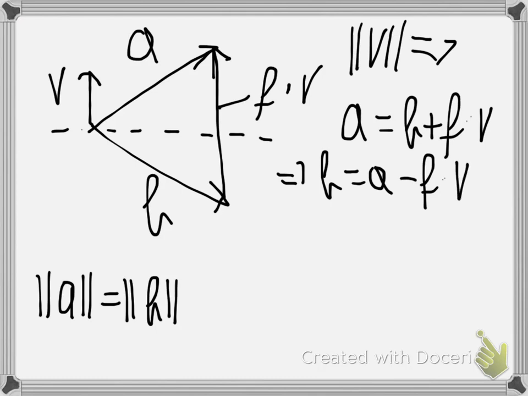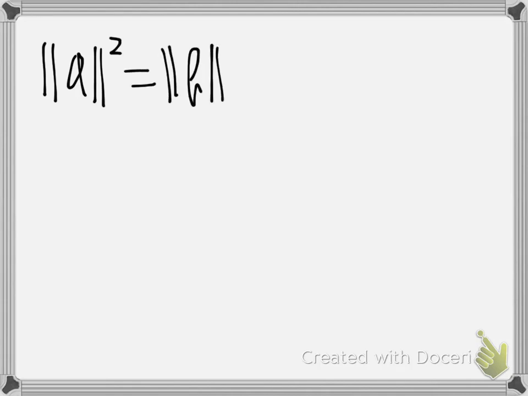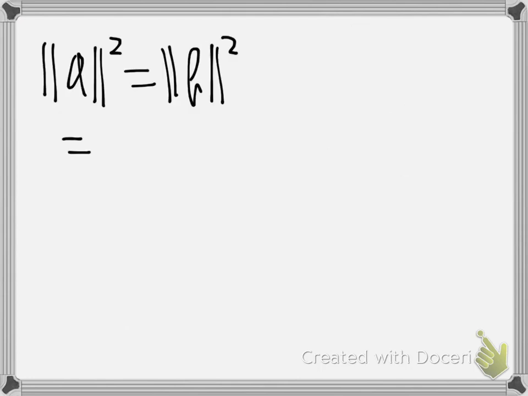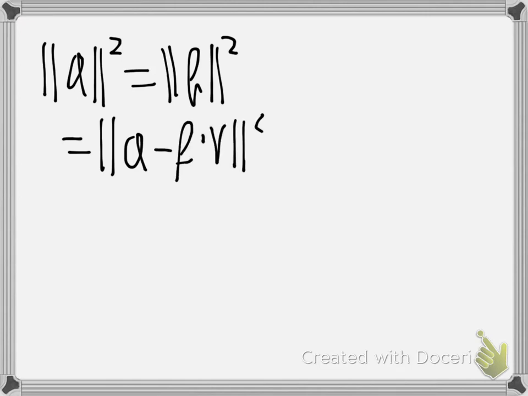But we know that the norm of the two vectors are equal. So we also know that their norm, so their length squared, is equal. And now we can substitute for B. Instead of B, we can write A minus F times V. So the norm of A minus F times V squared.